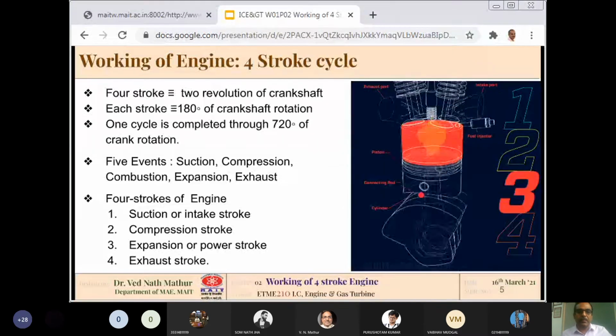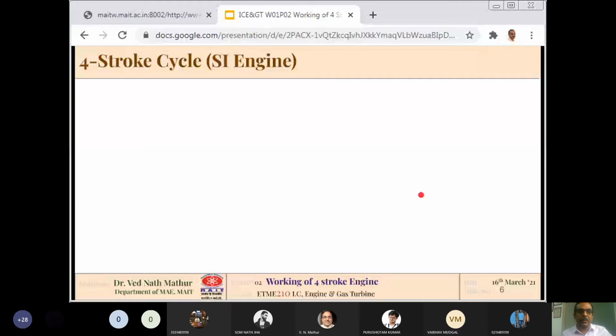So let's compare the working of these strokes with our understanding of the cycles. We have studied this cycle. This is a schematic, a graphical representation of the Otto cycle. So pressure on the y-axis, volume on the x-axis. You have studied these processes: isentropic compression, then constant volume heat addition, then isentropic expansion, then constant volume heat rejection.